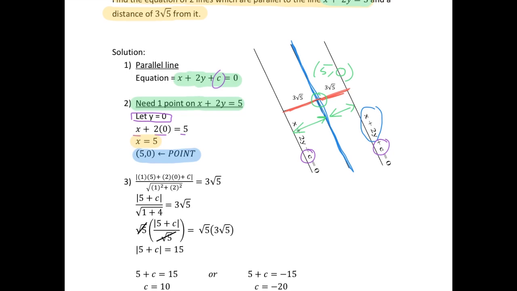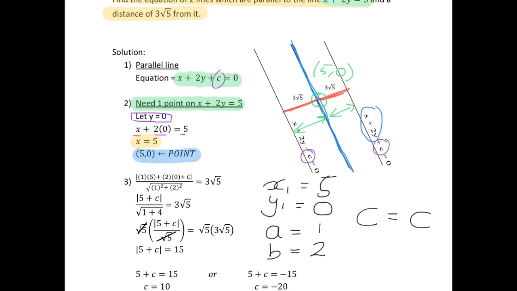So the various parts of our formula then, we have our x1 and our y1 will be just the point that we found, so our x1 is 5, our y1 is 0, our a is going to be the number in front of x, which is 1, our b is the number in front of y, which is 2, but most importantly our c is the unknown that we're searching for.